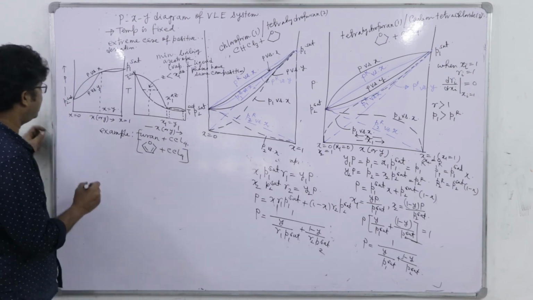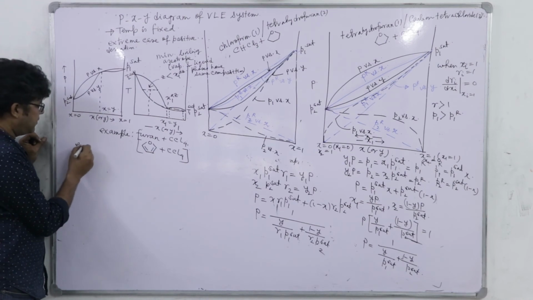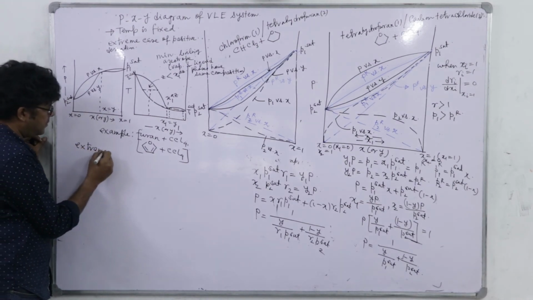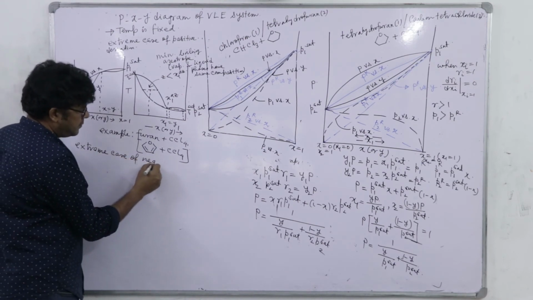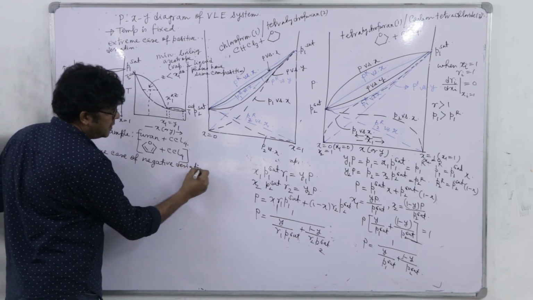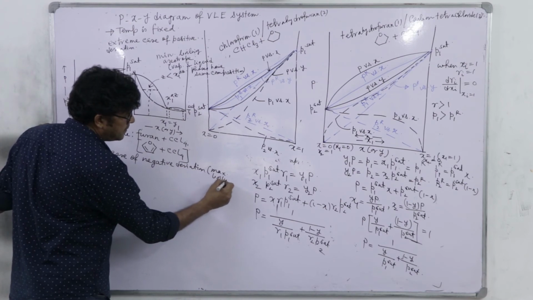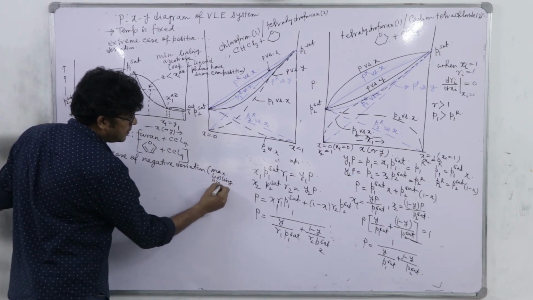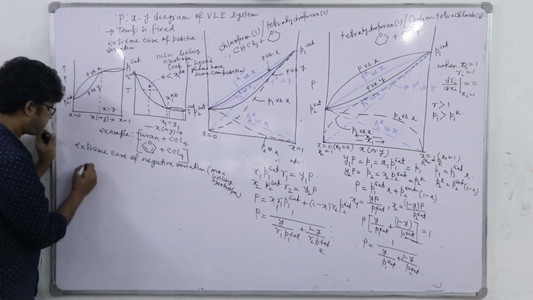Similar to minimum boiling azeotrope, we can have the extreme cases of negative deviation, leading to maximum boiling azeotrope. Right.